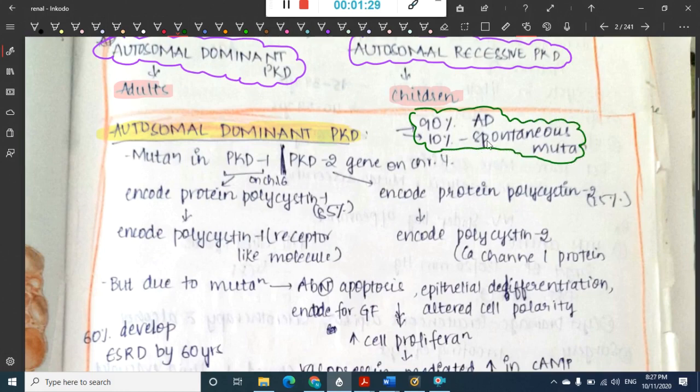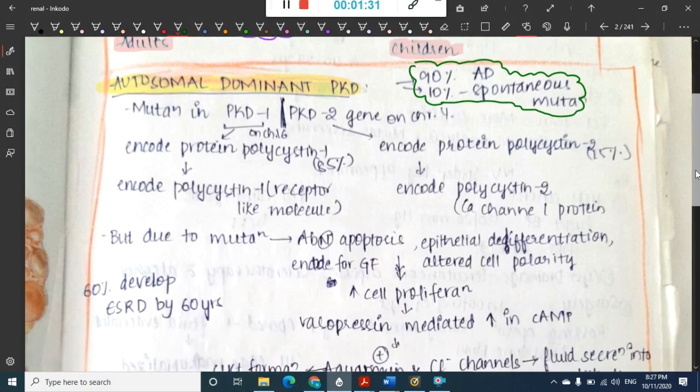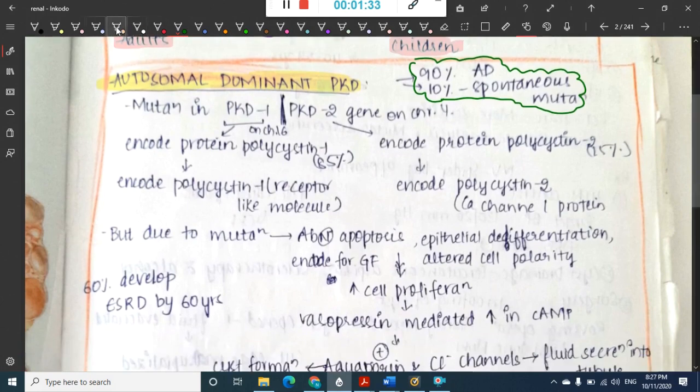Here you see mutation mainly in the polycystic kidney disease genes, PKD1 and PKD2. The PKD1 gene is on chromosome 16, whereas the PKD2 gene is on chromosome 4.